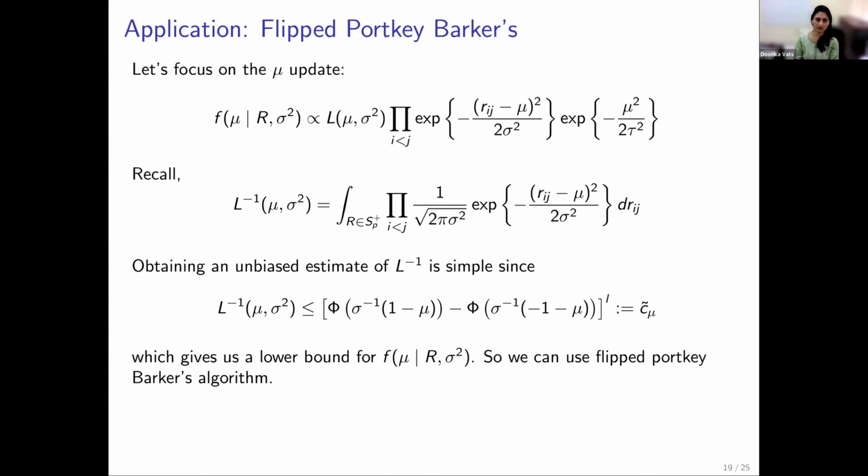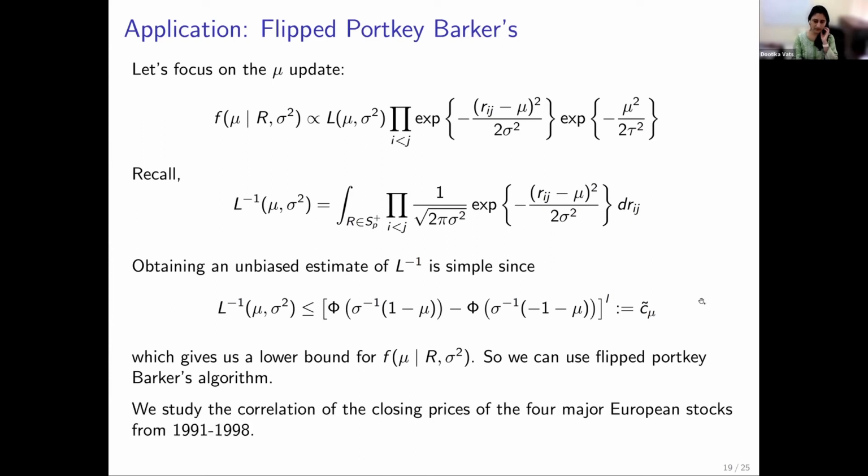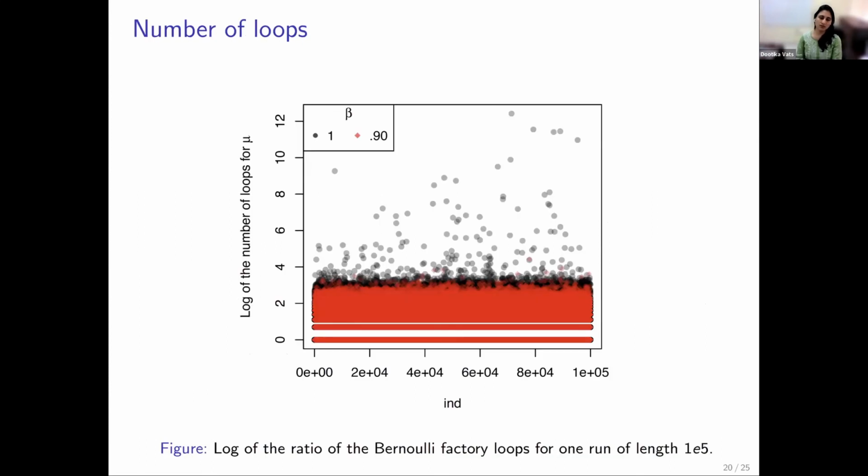Now we'll look at the performance of the algorithm itself. We study the closing prices of 4 major European stocks from 91 to 98. So P is 4-dimensional, and that's the data coming in. The first plot I show you is the log of the number of loops for mu for the Bernoulli factory.